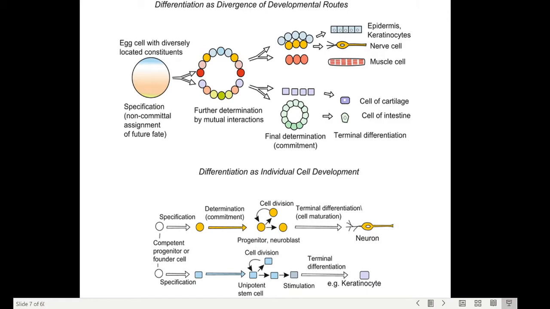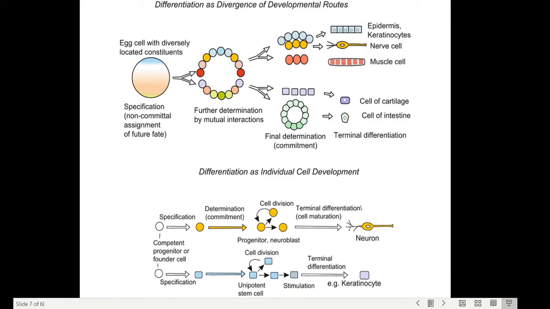Okay, next we enter into the individual cell development. Here the determination step is very important. Compared to the regional development, the individual development doesn't have the mutual interaction.